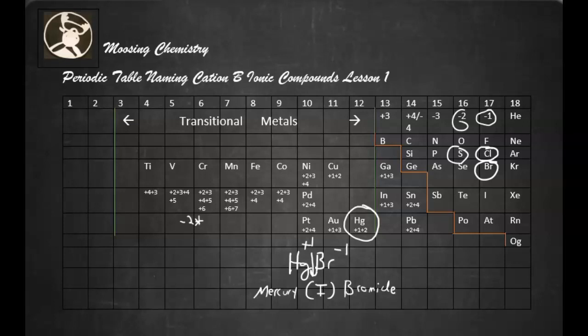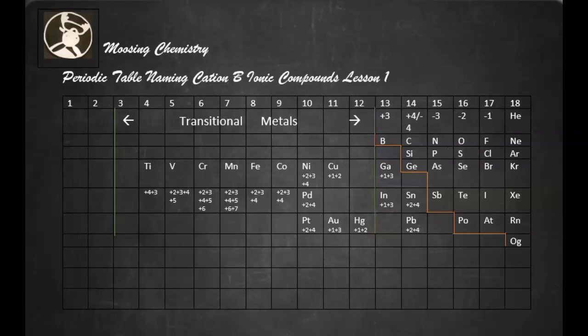All right, let's look at one more. Think about this one. I know, let's try lead. Lead would be good. So we're going to use lead. In this case, we're going to use the same anion, right? So we're going to call this PbCl2. Again, we have our little asterisk up there to let me know that I'm using the stock system, right?